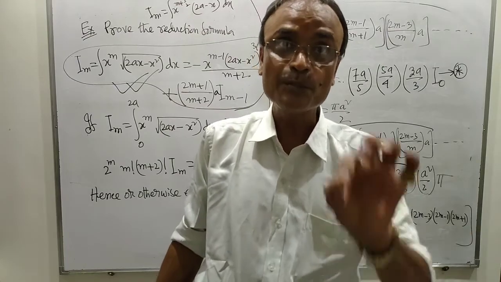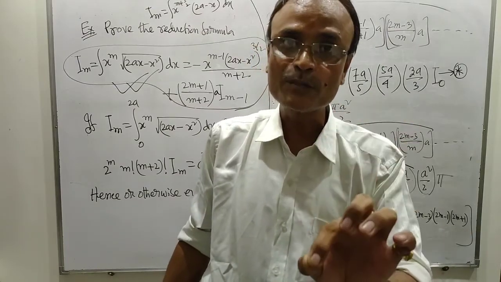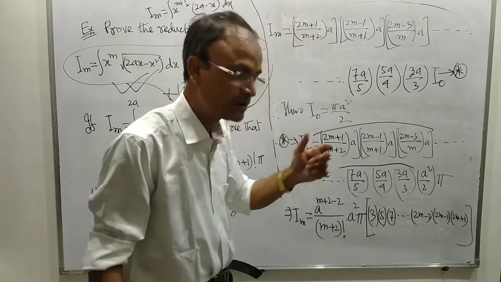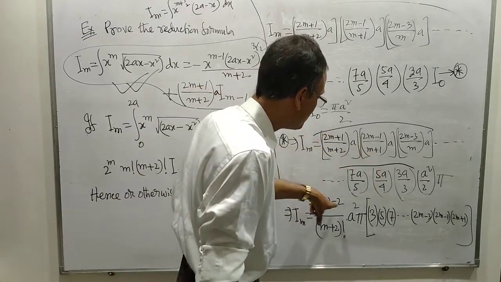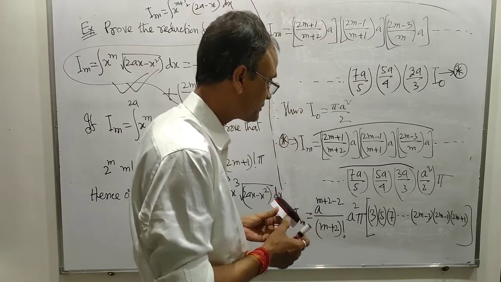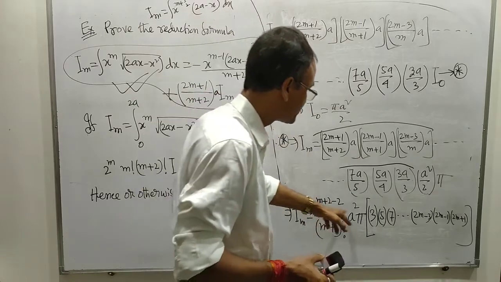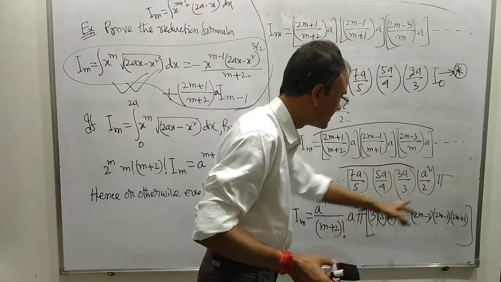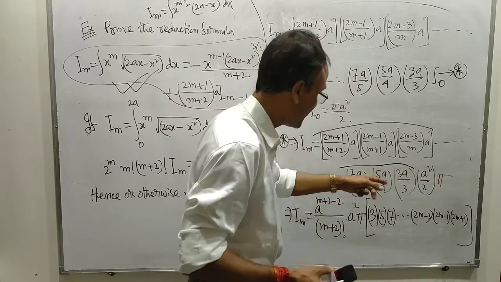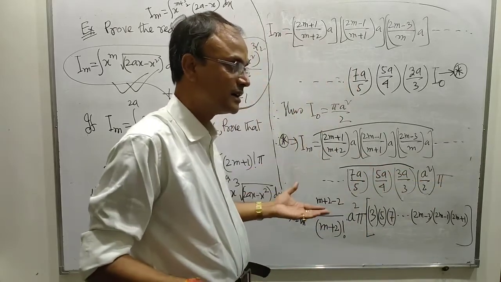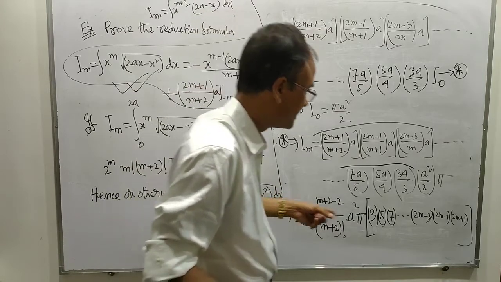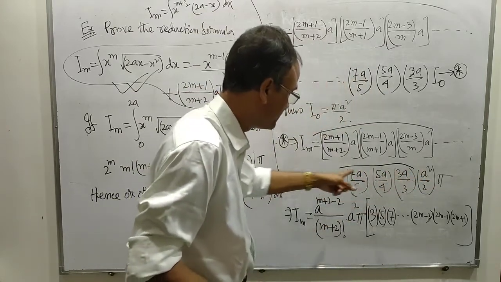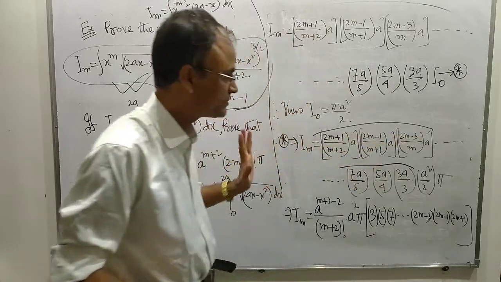But it starts from 3, therefore the number of terms will be m plus 2 minus 2. And then a has been written, a square also has been written, pi has been written, and the terms in the numerator have been written in the reverse order. 3, 5, 7, like this. Clear?